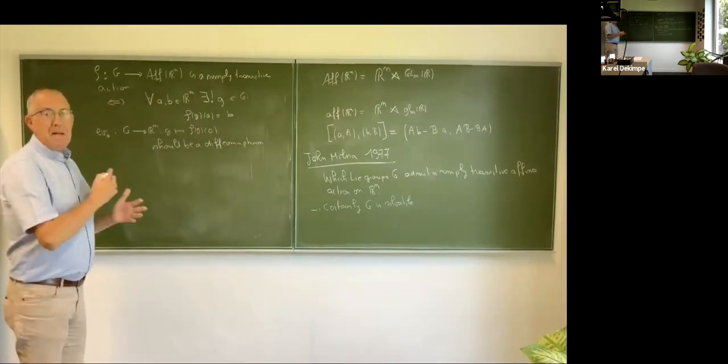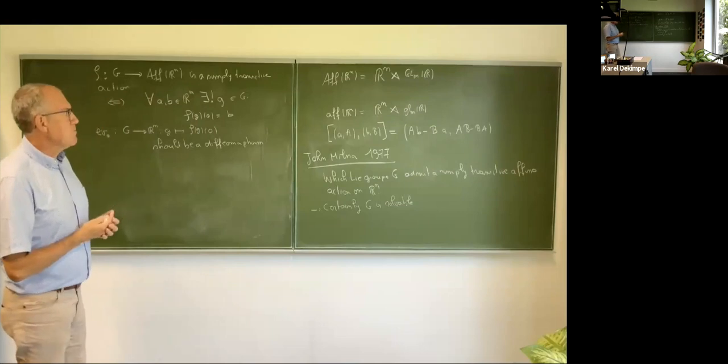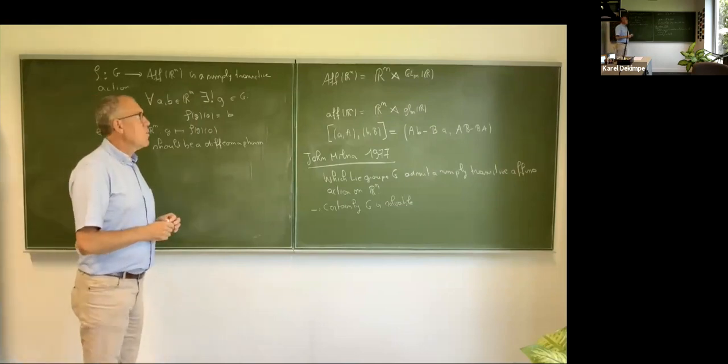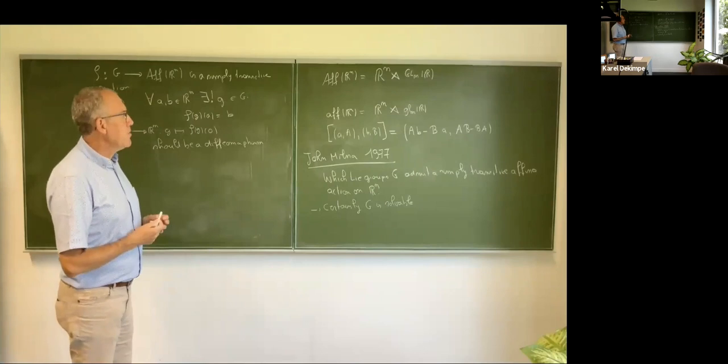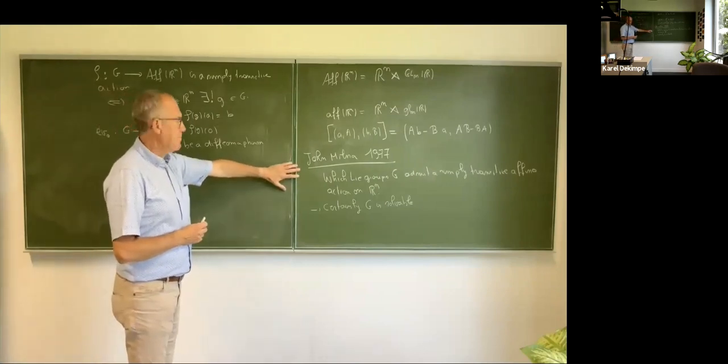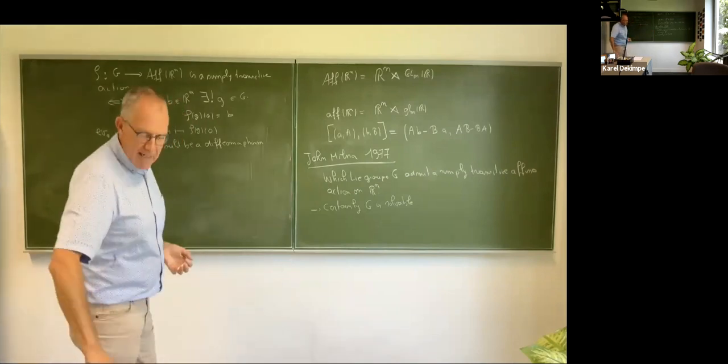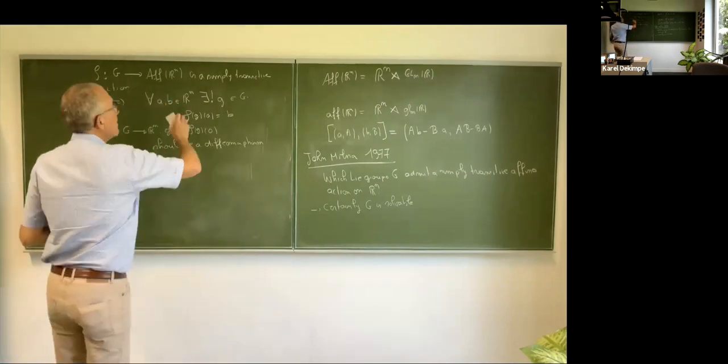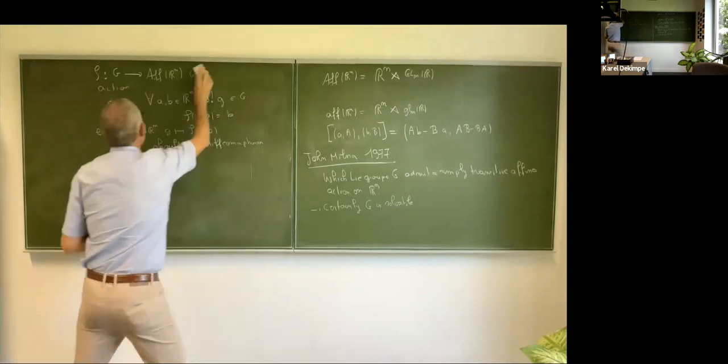Okay, people have been studying this question for several decades, and one successful way to study this question was to translate it to the Lie algebra level. Let me explain a little bit how this was done.